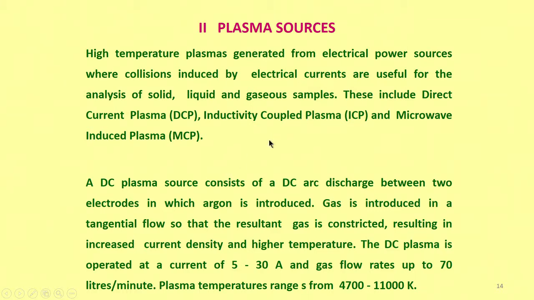So, a DC plasma source consists of a DC arc discharge. This we have already discussed earlier today. And the discharge between 2 electrodes is carried out using argon gas in between. So, the gas is introduced in a tangential flow. That means, if the electrodes are like this, argon is introduced like this in between, tangential to that.